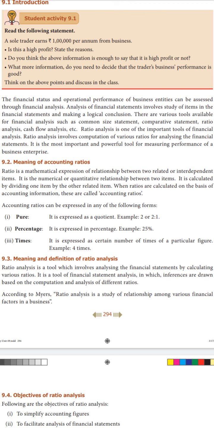When these ratios are calculated based on accounting information, we call them accounting ratios. As I said, these ratios can be expressed in the form of pure, percentage or times.